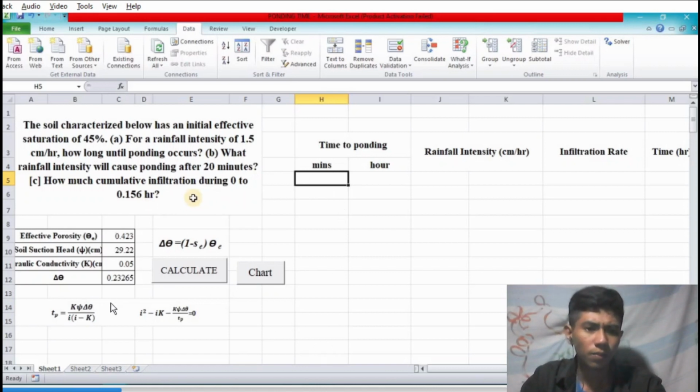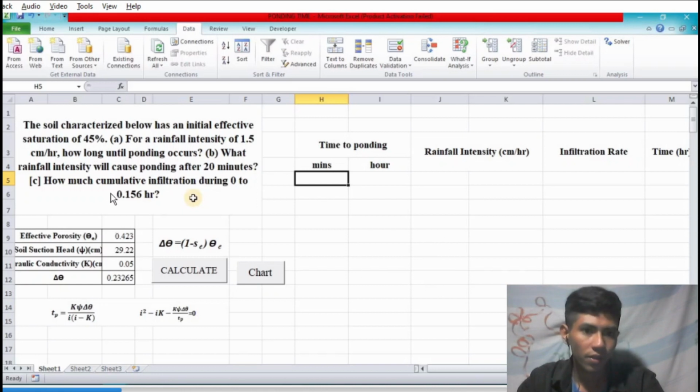So you're wondering, how do we compute this using this formula? There is no value here for cumulative infiltration. But actually, there is a formula given that cumulative infiltration equals rainfall intensity multiplied by time to ponding.